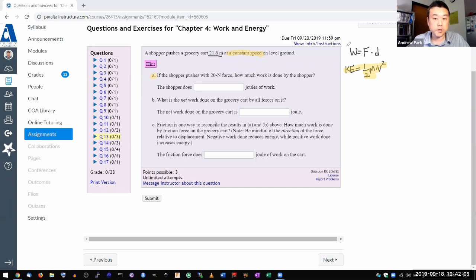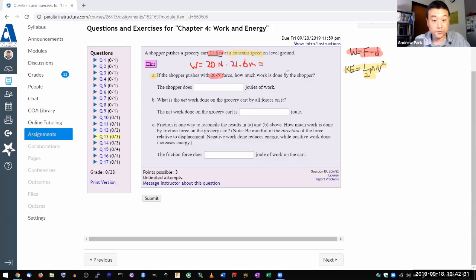So part A is meant to be a simple application of the formula that's given. We know from the chapter that the work is given by force times distance. We have distance, and part A now gave us the force. So to calculate work, all we have to do is: work is force, 20 newtons, times the distance, 21.6 meters.